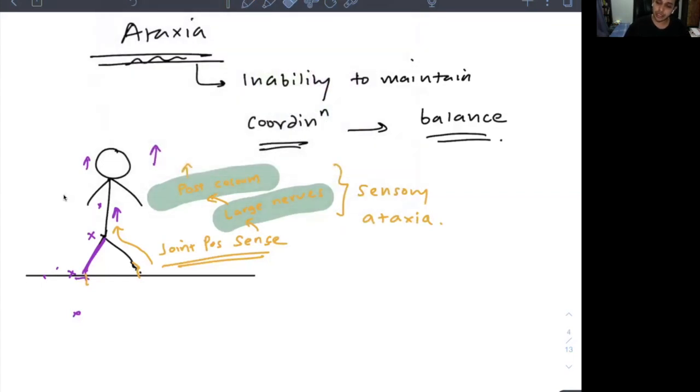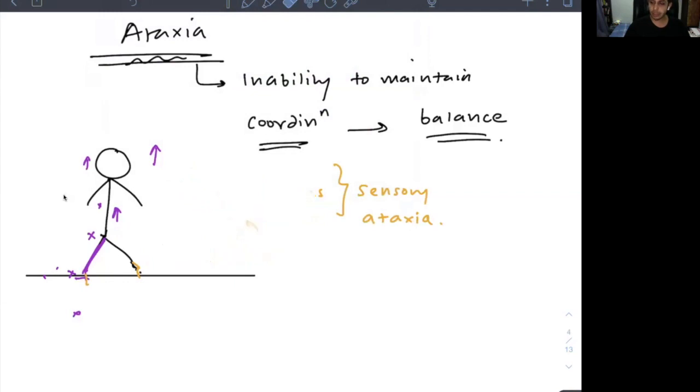Suppose there is nothing wrong with your sensory system. Suppose your joint position sense is normal, your posterior column is normal, you're getting all the information you need. So where does that information go? In your brain stem, there is something called the vestibular organ. The vestibular organ is actually in your ear and your vestibular nuclei are in your brain stem.